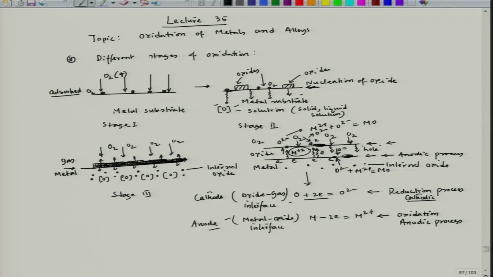So, here we have the cathodic process. So, this oxide film is acting as an electrolyte through which O2 minus or M2 plus are moving.